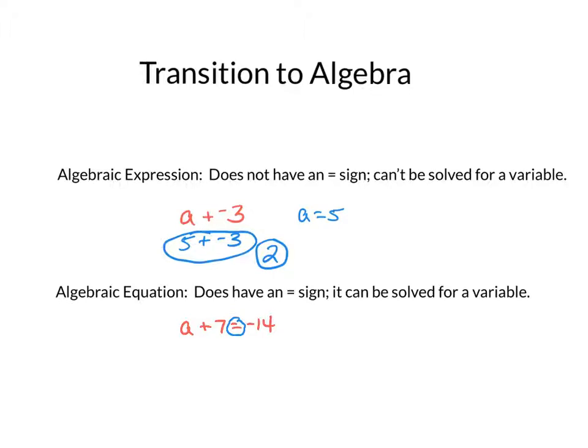In order to solve that, I could take 7 away from both sides. If I take 7 away from both sides, I'm left with a is equal to negative 21. There is only one answer for a in this particular algebraic equation because of the way it's written, and I was able to figure out what the answer was.